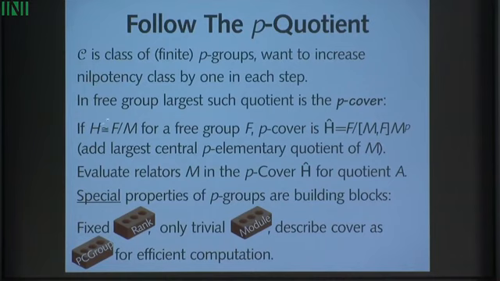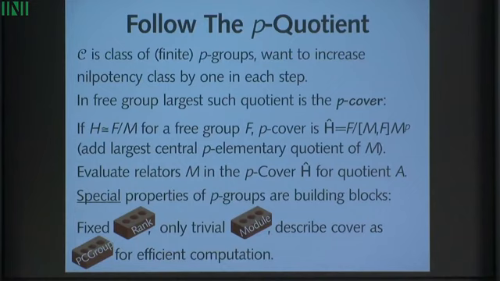So let's assume we have a quotient, and we look at it as a quotient of a free group modulo some relations. What we can do is define the p-cover, which is the quotient modulo this normal subgroup. So we factor out something to make the quotient central, and p-th powers to make it p-elementary abelian.